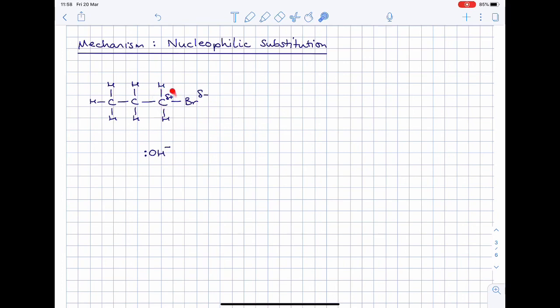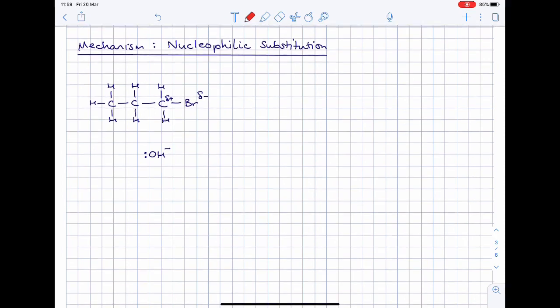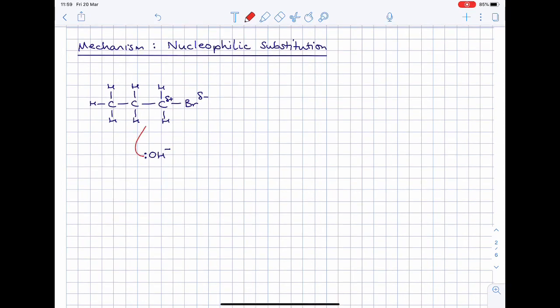The partial positive carbon on this haloalkane is what's attracting the nucleophile, this hydroxide ion with the lone pair. So we can draw an arrow to show the movement of electrons from that lone pair, from the charge on the hydroxide ion, to the partial positive centre of the haloalkane. Make sure it's a curly arrow.